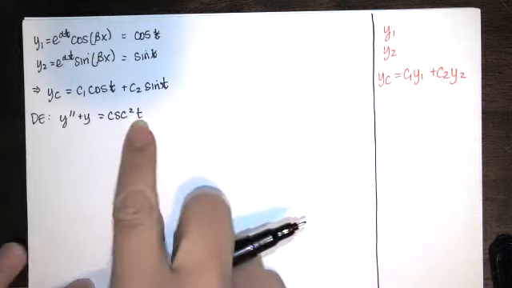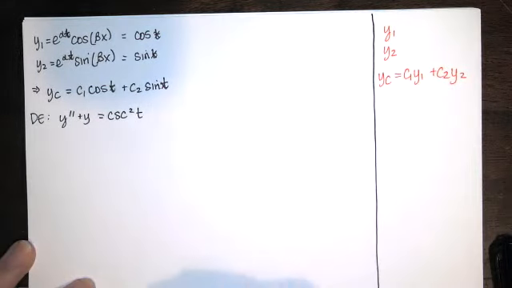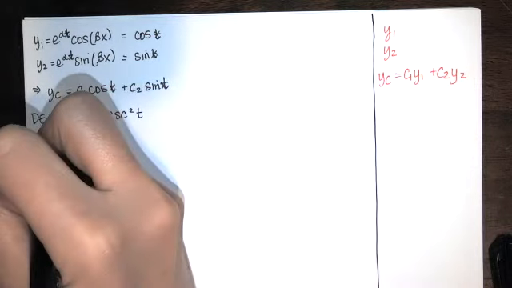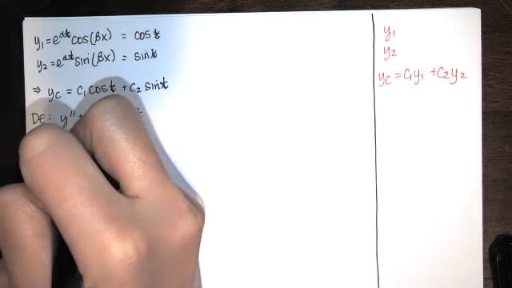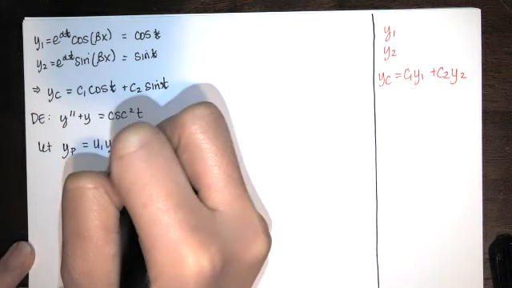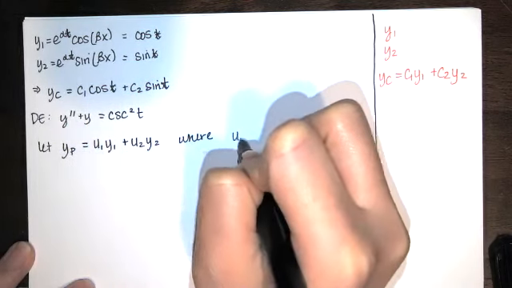All right. The right-hand side is 1 over sine squared of t. So we can't use the method of undetermined coefficients. So we're going to use variation of parameters. We're going to let y sub p equal u1 y1 plus u2 y2, where u1 and u2 are not constants.